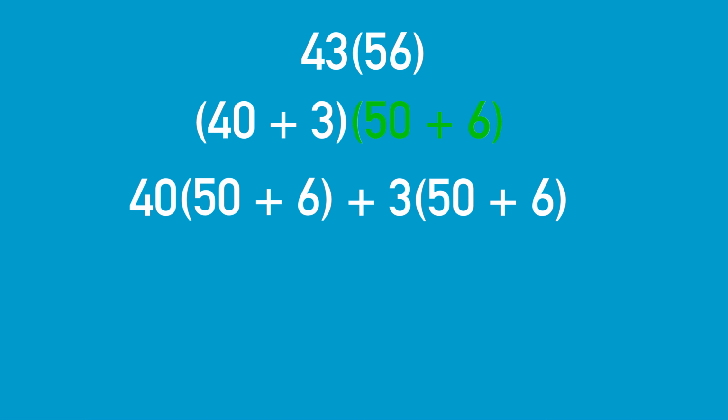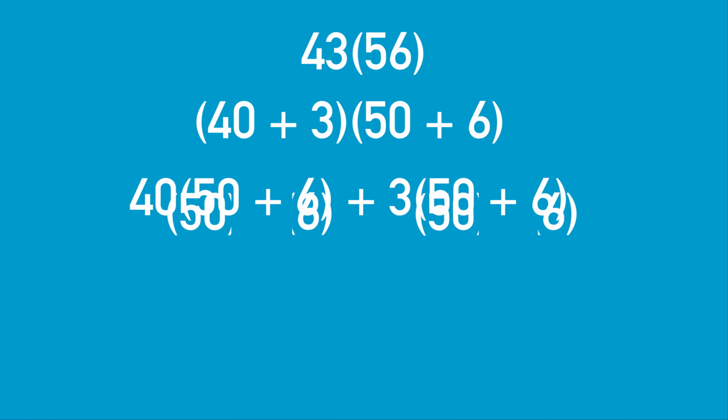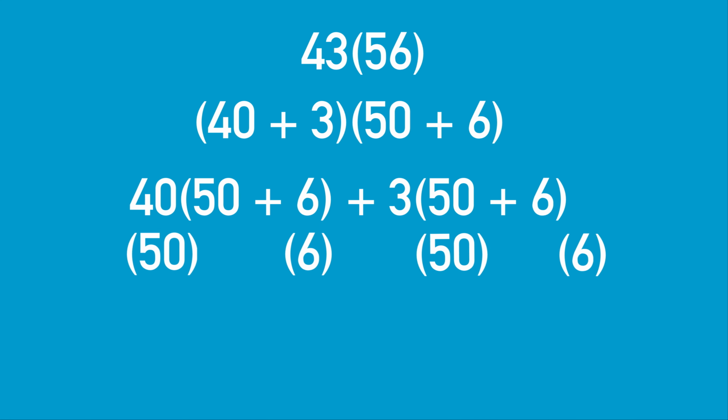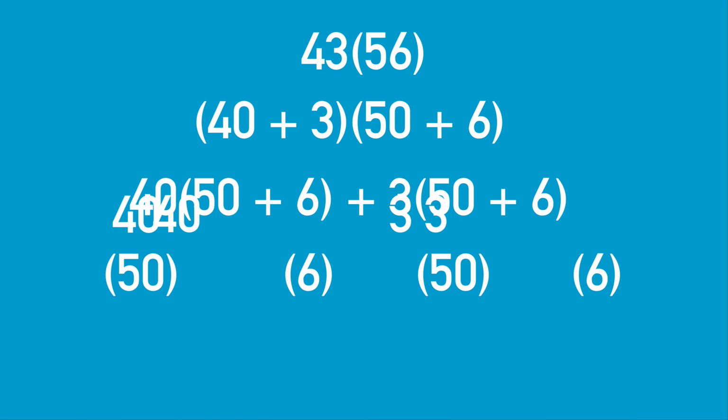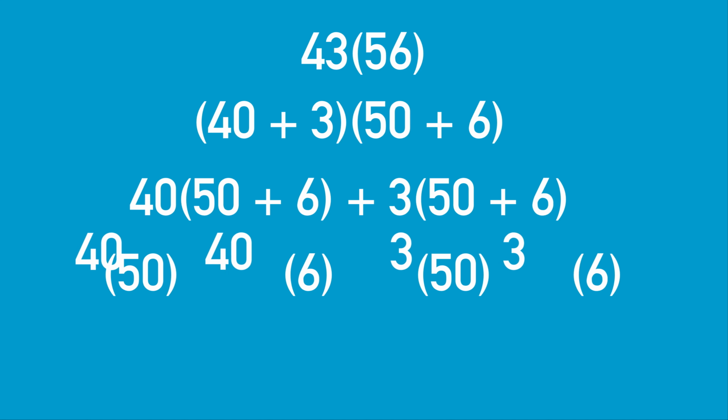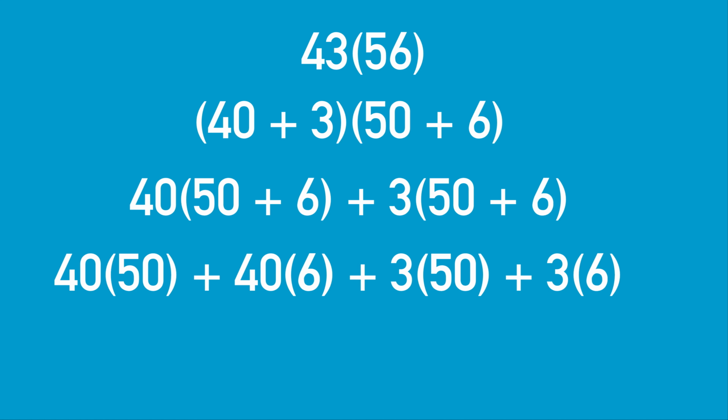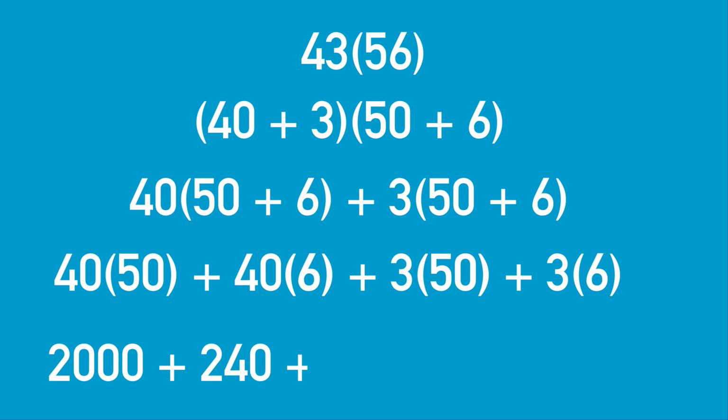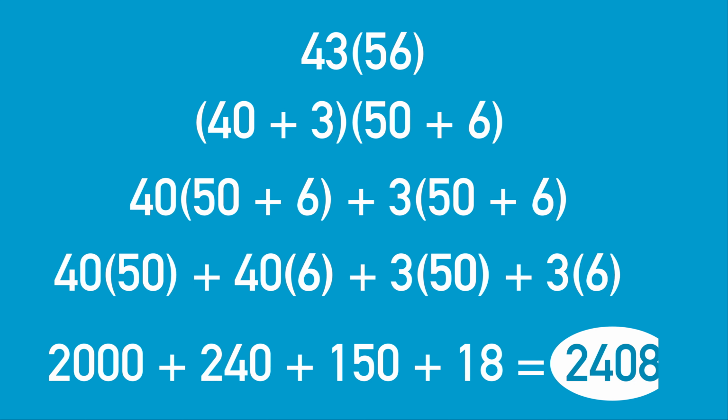If we use the distributive property again, this time distributing the 40 and the 3, the result is 40 times 50 plus 40 times 6 plus 3 times 50 plus 3 times 6. So we get 2,000 plus 240 plus 150 plus 18, which equals 2,408.